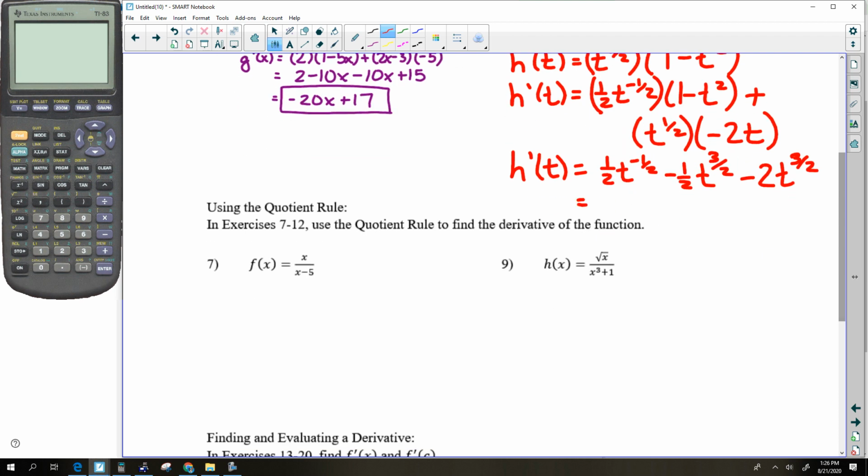So this is 1/2 t to the negative 1/2 minus 5/2 t to the 3/2, something along that line. Check my math.